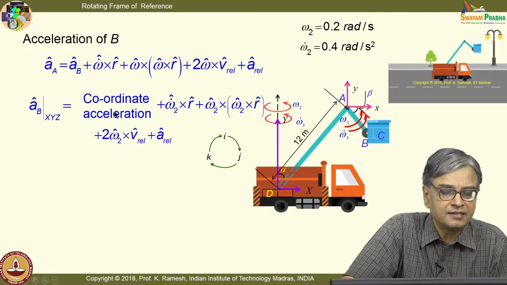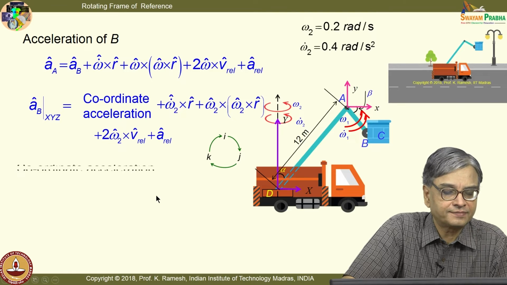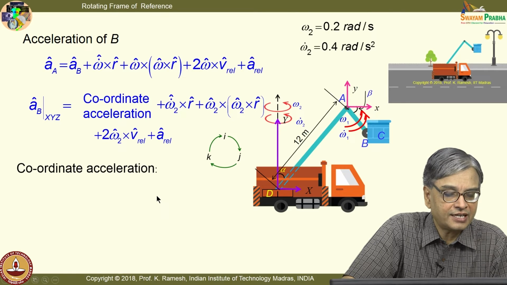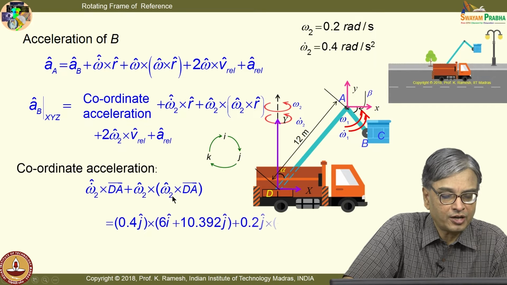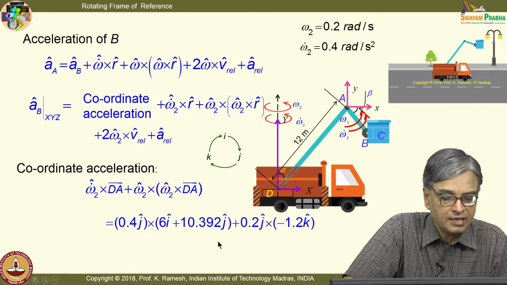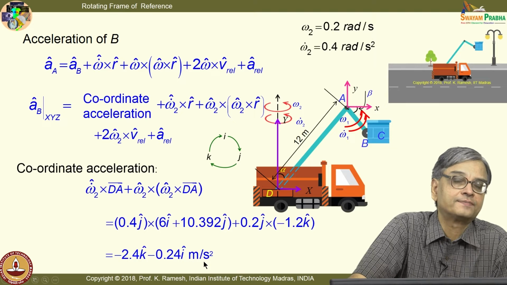Here again simply substitute the values, you get the final expression. So, the coordinate acceleration is omega 2 dot cross dA plus omega 2 cross dA, and that turns out to be simplified to minus 2.4K minus 0.24I meters per second square.